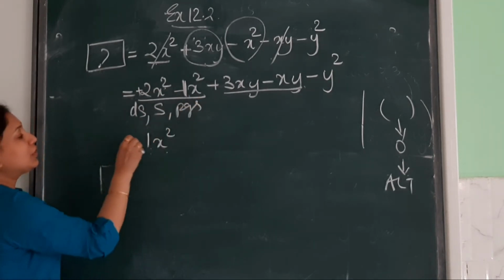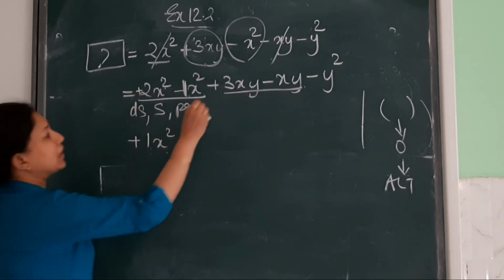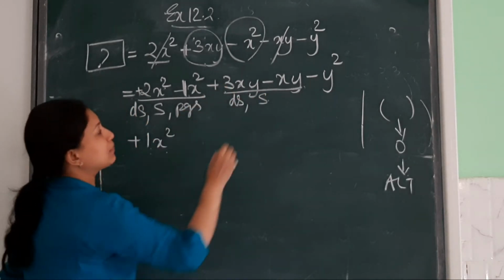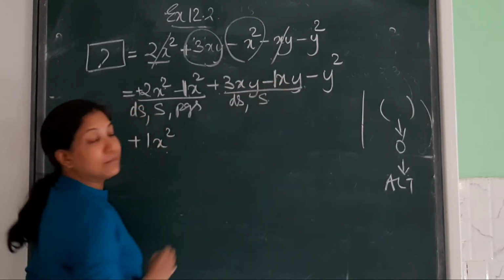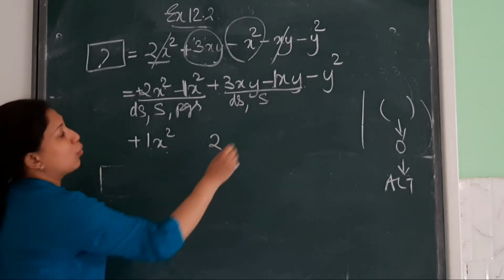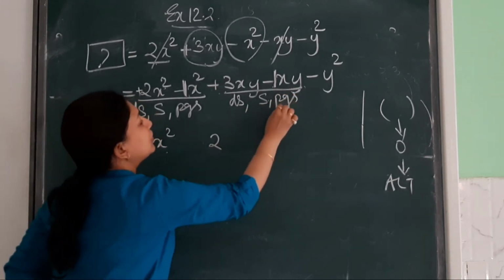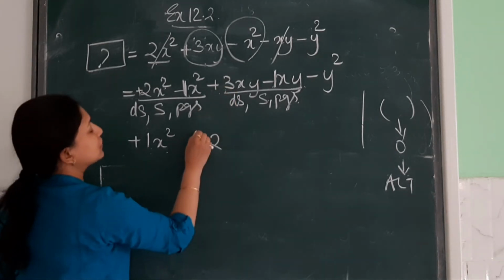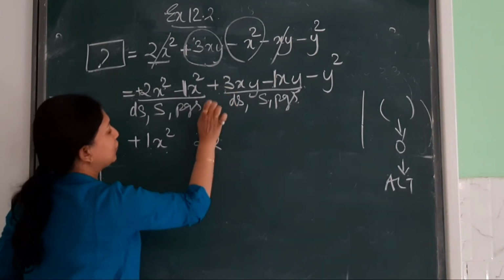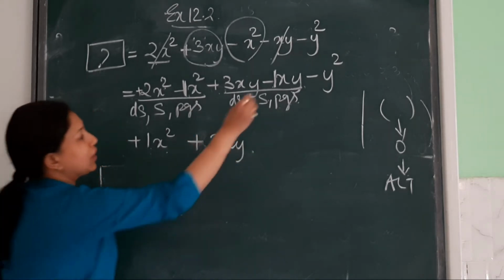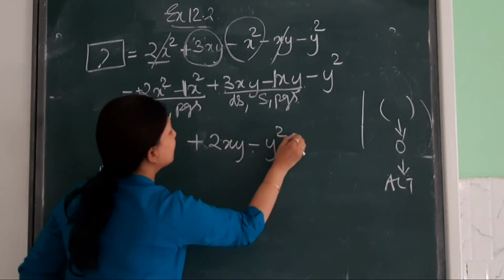PGS. Put greater number sign. Again come to this. See, difference in sign. So here also we will subtract. Coefficient is 1. So 3 minus 1 will be 2. What about the sign? Put greater number sign. PGS is put greater number sign. So this will become 2xy and the sign will be plus. And what is here? Minus y square.